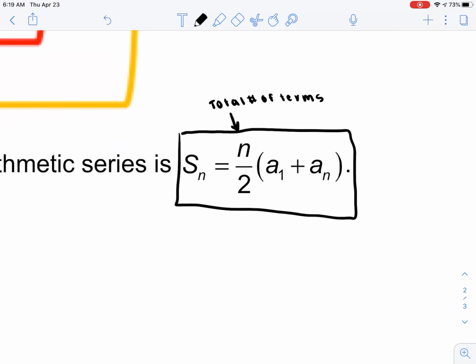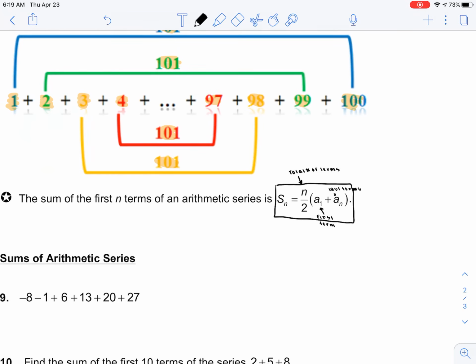And then you're going to take the first term of that specific series and add it with the last term of that specific series. So keep in mind that a sub n, let's just say it was a sub 100, you would put in that 100th term.